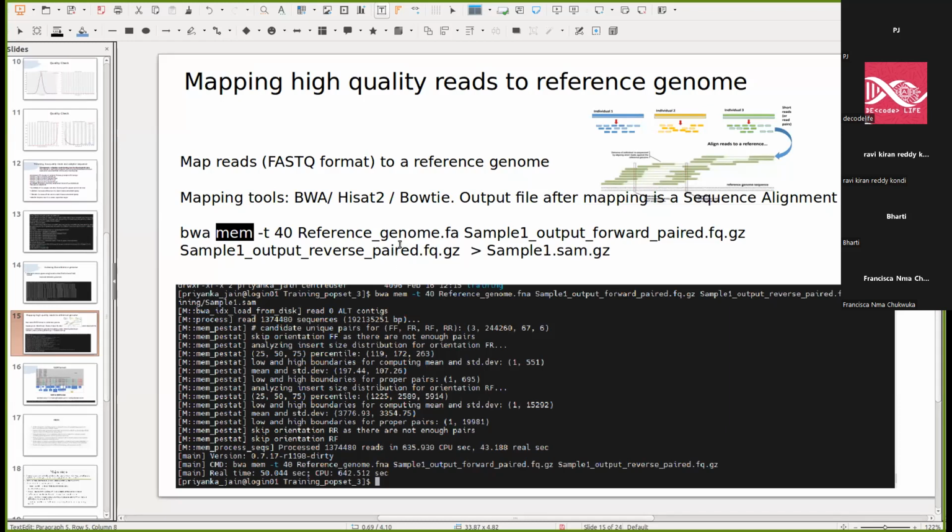It is saying that the first algorithm, BWA backtrack, is designed for Illumina sequences up to only 100 base pair reads. It means if the read is more than 100 base pair, it is not used. While the rest, the BWA mem and BWA SW functions, are used for reads which are higher than 100 base pairs.